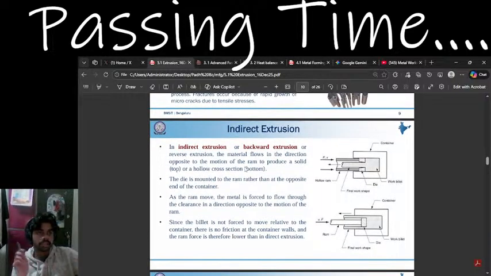Indirect extrusion. In indirect extrusion, or backward extrusion, the material flows in the direction opposite to the motion of the ram to produce a solid. This is the work billet, and this is the final workpiece shape.